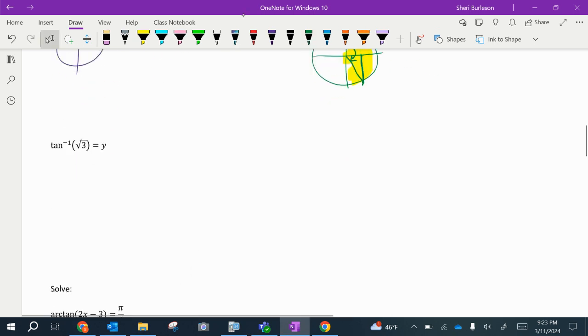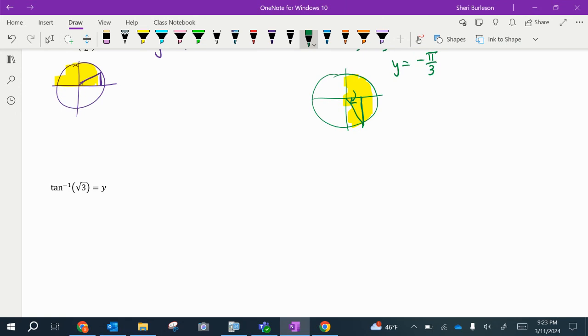So inverse tangent, again, inverse tangent exists only in quadrants 1 and 4 again. But tangent is a little harder because we remember that what this means here is that the tangent of y is equal to the square root of 3, which is basically the square root of 3 over 1.